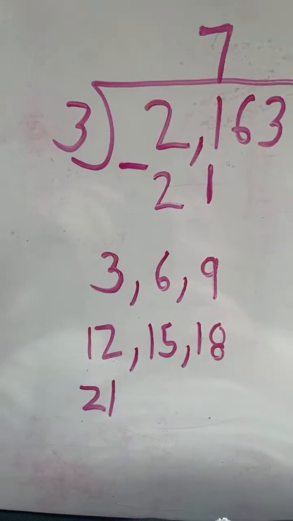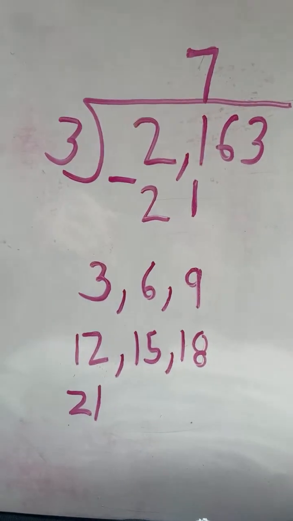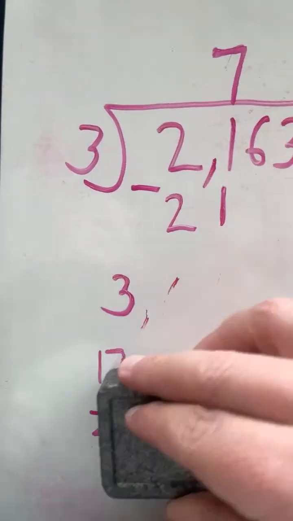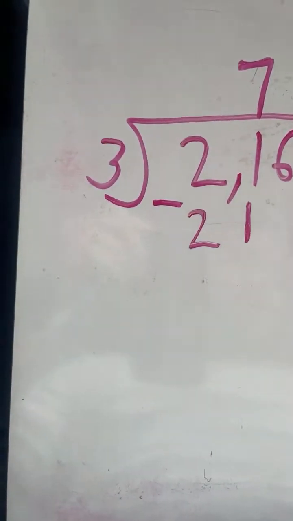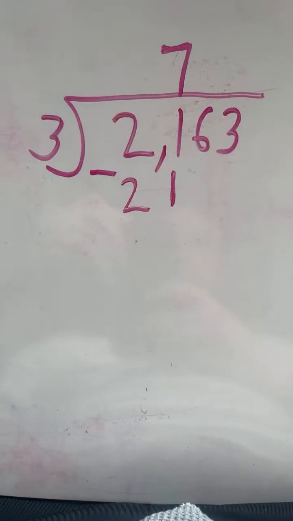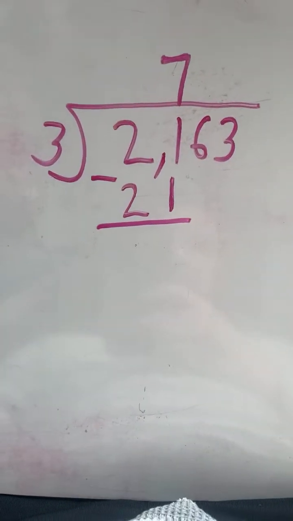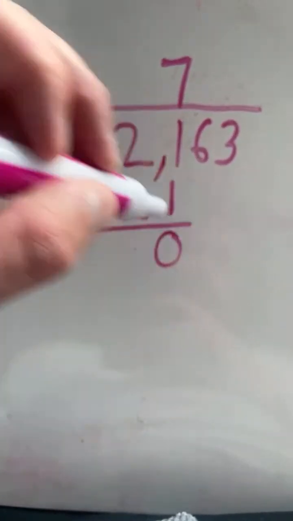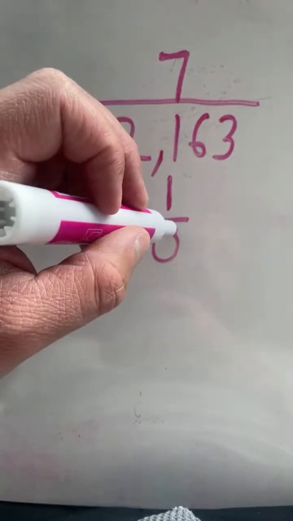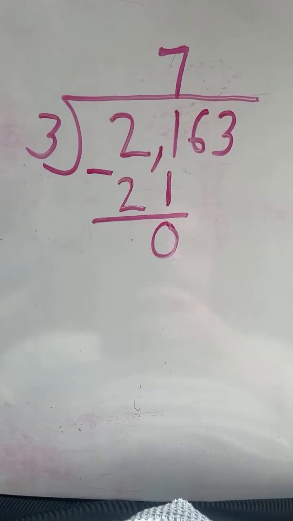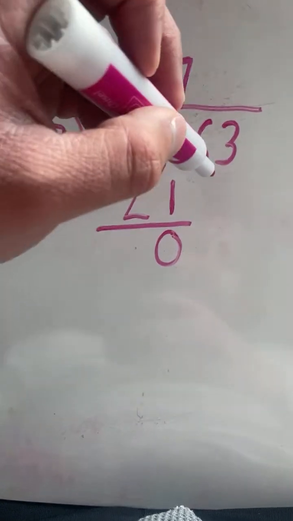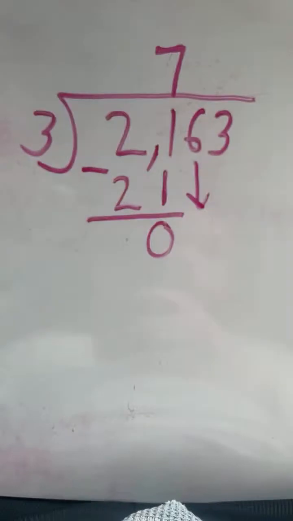So we are going to subtract. We're going to do 21 minus 21. 21 minus 21 equals 0. Next thing we're going to do, we're going to bring down the 6.